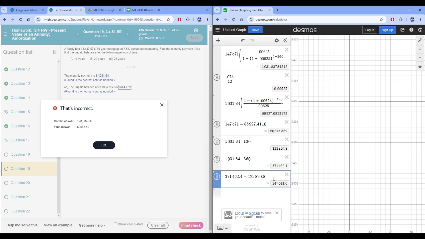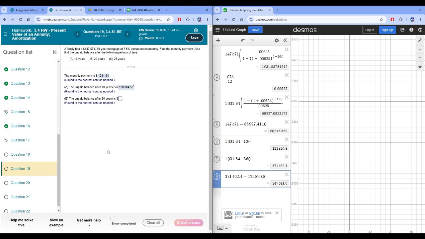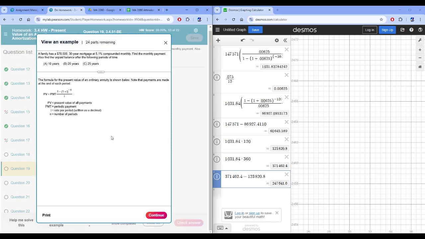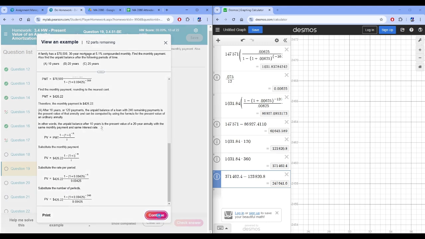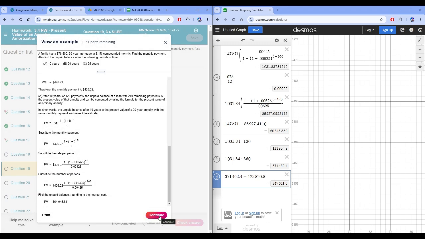No, something here is so. Oh my god. Why isn't this formula working for me?